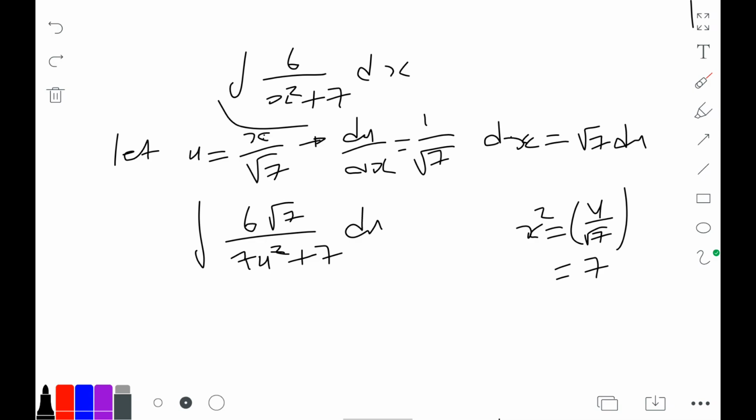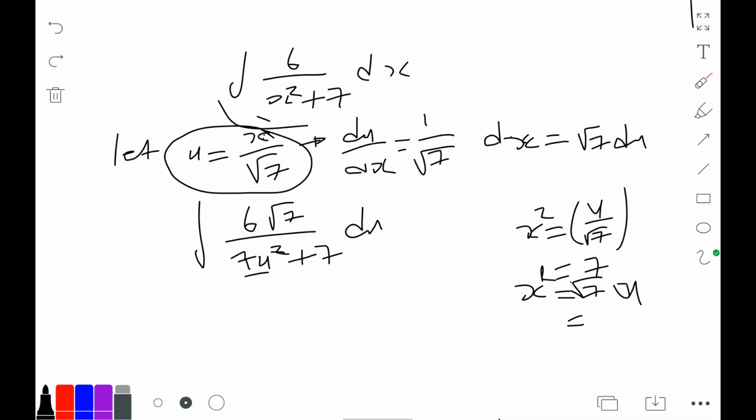If you make x the subject of the formula, x is going to be equal to square root of 7 times u. Then you square everything, and you get exactly what I wrote there.